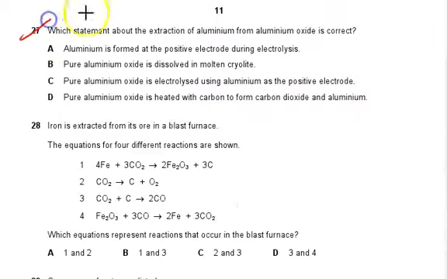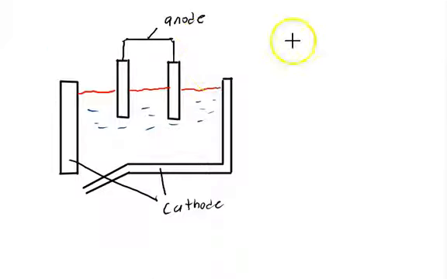Okay, for number 27, which statement about the extraction of aluminium from aluminium oxide is correct? So let me draw for you the diagram. Okay, so this is the diagram for aluminium oxide extraction.